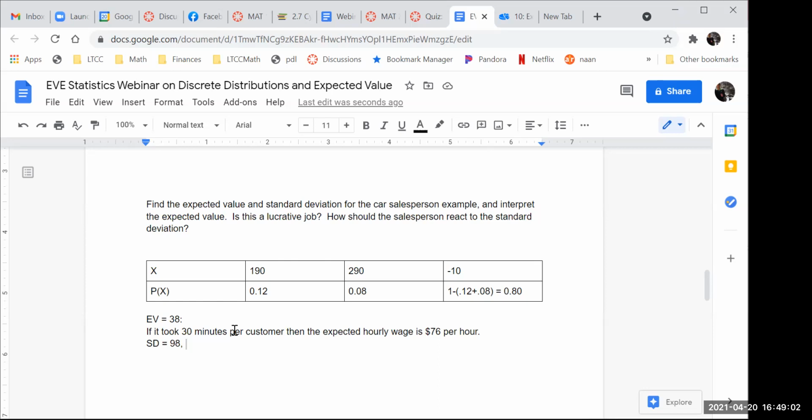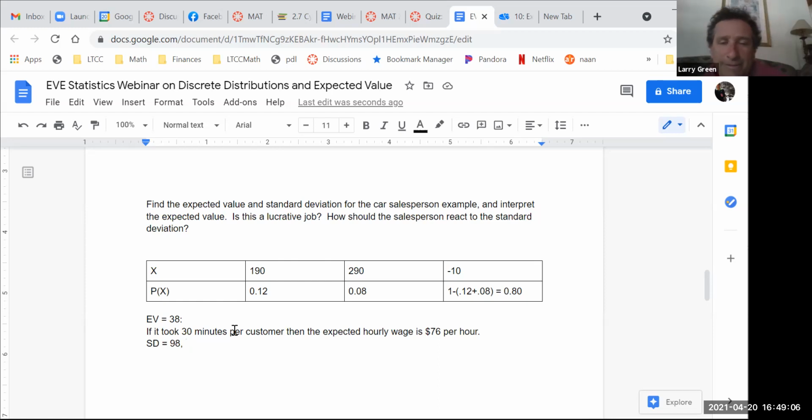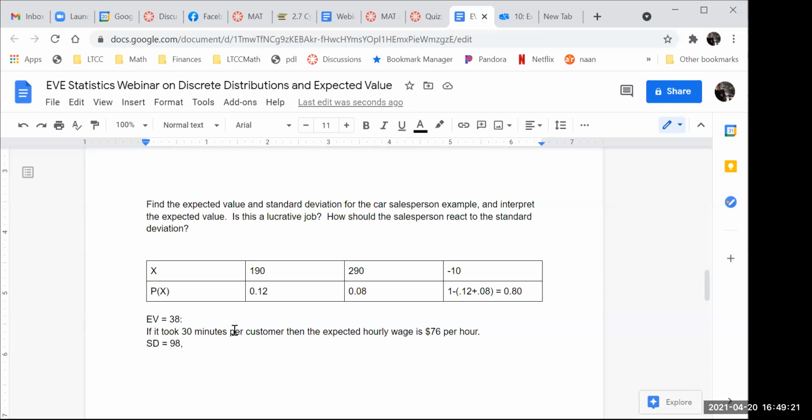Spread of the data is very wide. Yeah. What does that tell you in terms of if you're the person getting this job, you're just starting out? What plans are you going to make? Have another job that's a more stable source of income.